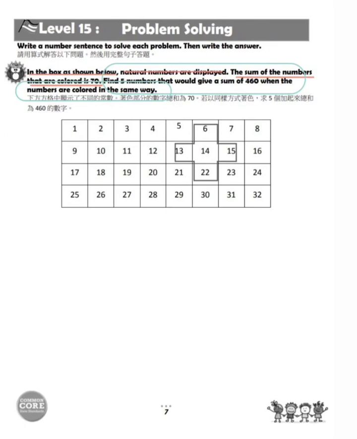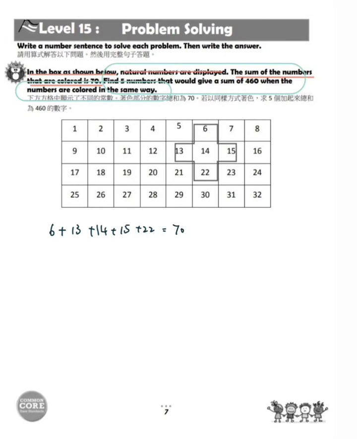So first, let's see. Here is the example that it gave. 6 plus 13 plus 14 plus 15 plus 22 equal to 70.